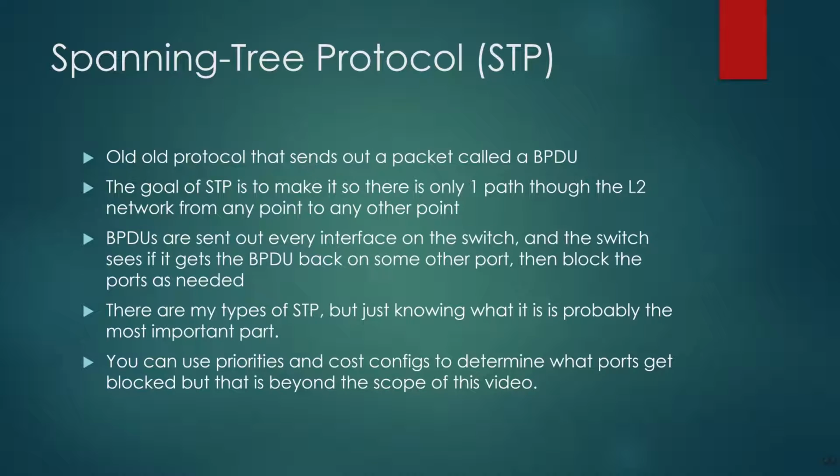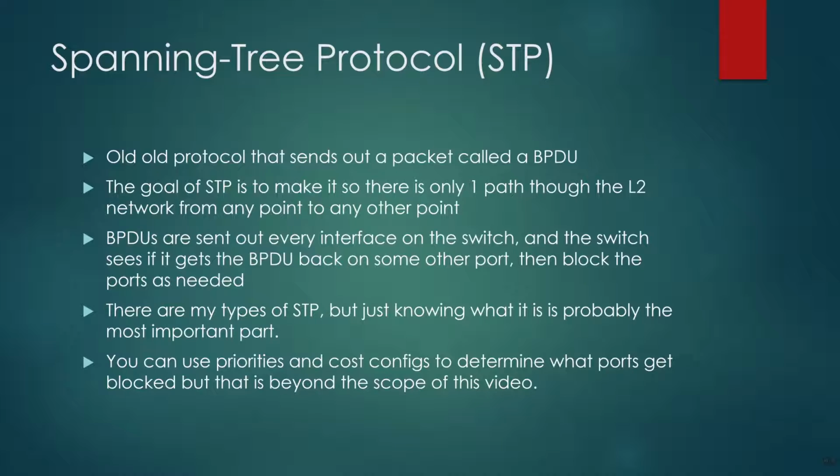So let's talk about spanning tree, or STP. This is an old protocol. It's sending out BPDUs. I always thought of these as a boomerang packet. These BPDUs go out of every port that it has, and it starts listening on all of its ports for those BPDUs to come back to it.